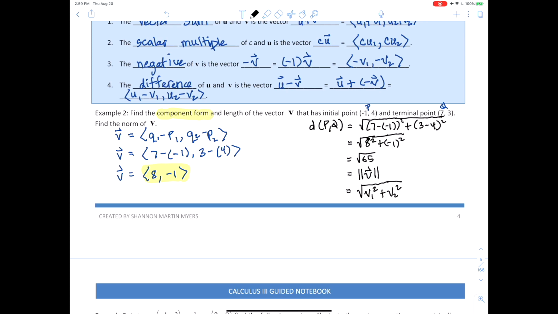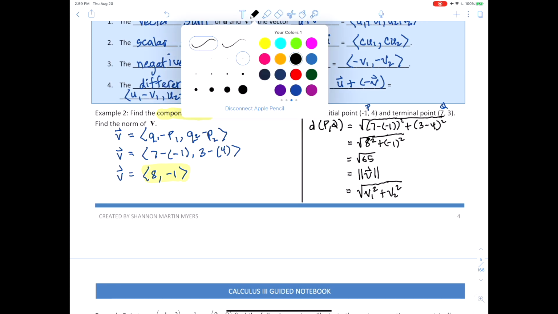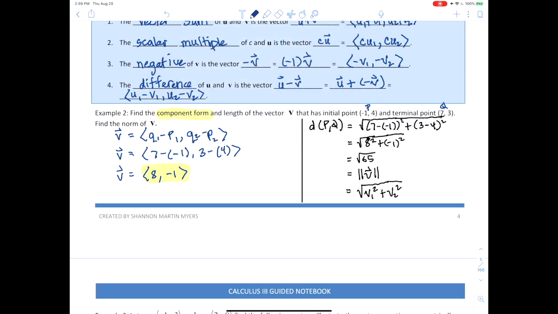So if you get it into component form, which we did, then when we find our magnitude, we're already home, right? So the magnitude of V is going to equal the square root of 8 squared plus -1 squared, and we already found that to be root 65, and that's in linear units.